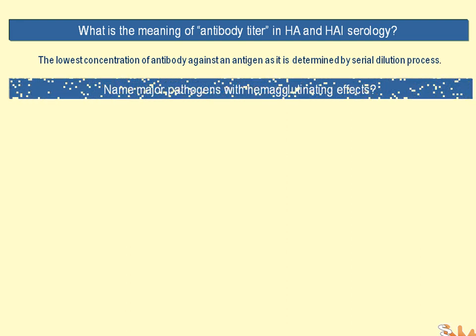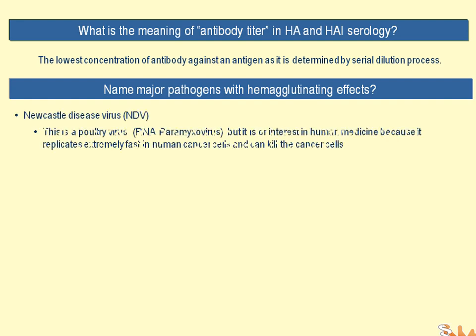Name major pathogens with hemagglutinating effects. So, as you can tell, there are more viruses than the influenza virus with hemagglutinating effects. One is Newcastle disease virus. This virus is more important in poultry and was first identified in England, so the name Newcastle refers to that.